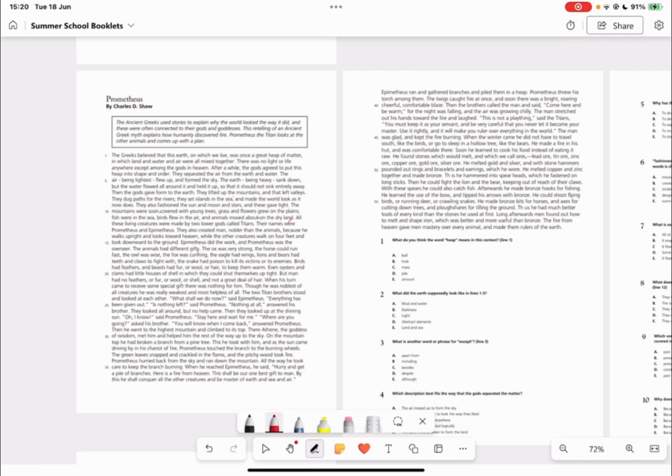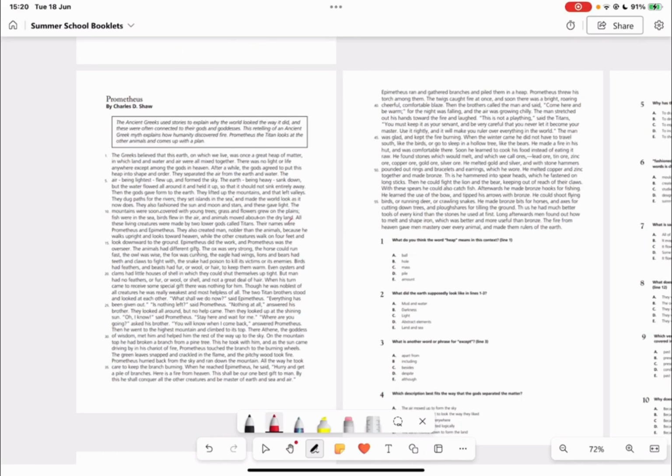He melted copper and zinc together to make bronze, and he hammered it into spearheads, which he fastened on long sticks. Then he could fight the lion and the bear, keeping out of reach of their claws.